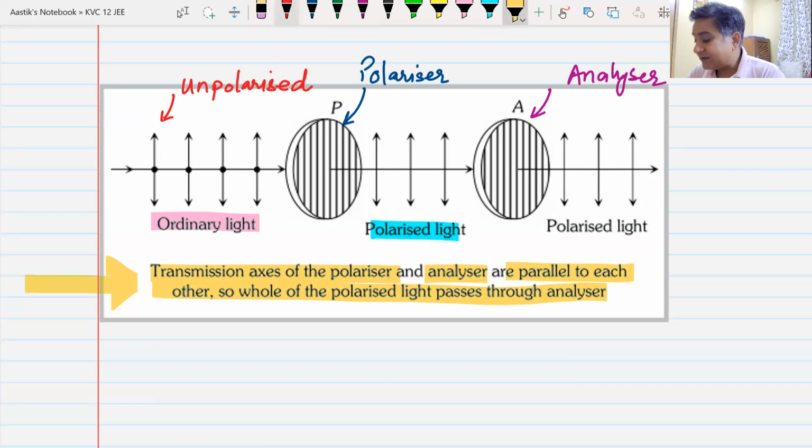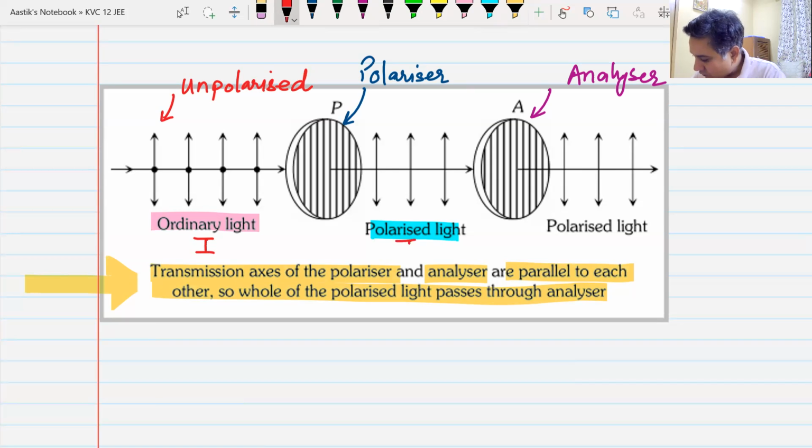If I talk in terms of intensity, and that is the question that is going to come, the intensity of light here is I. What is the intensity of light on the right hand side of the polarizer? Left hand side was I, so right hand side will become I by 2.